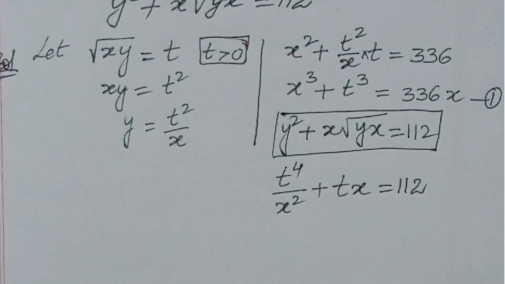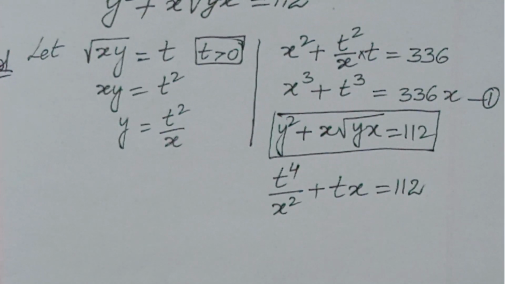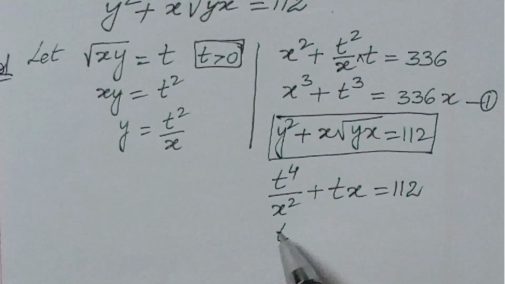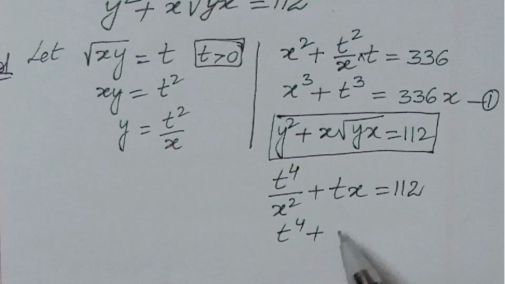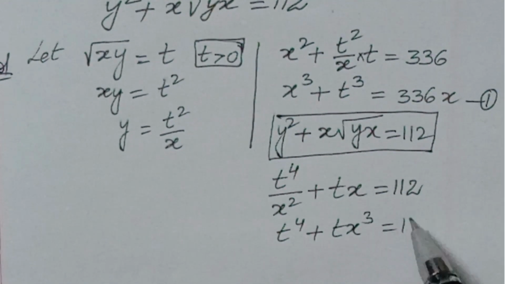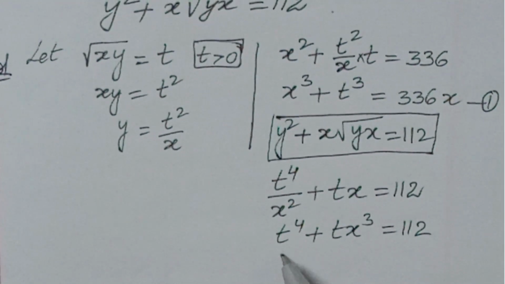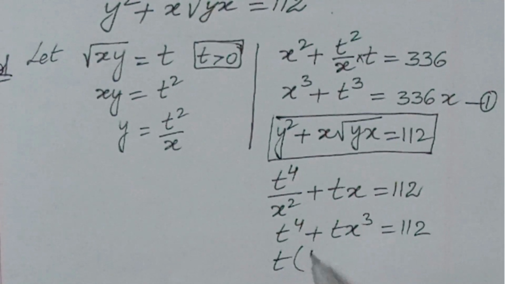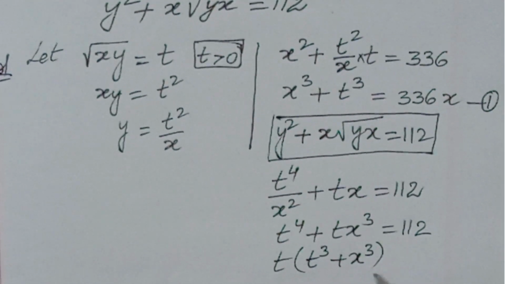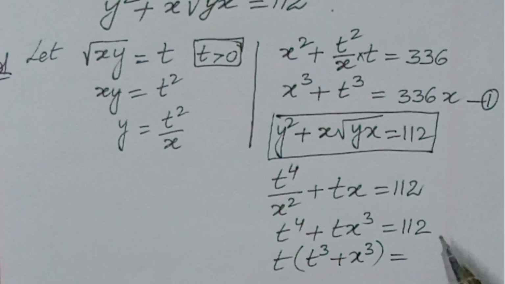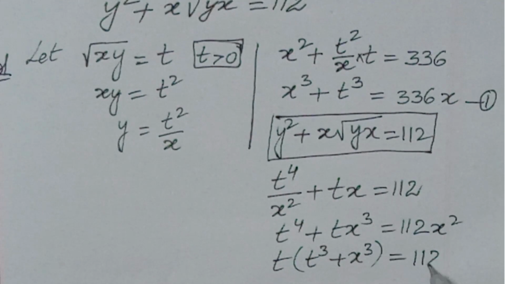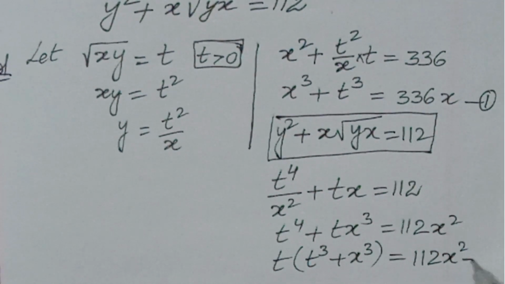So substituting the value of y, what will we get? t power 4 by x square plus tx equals 112. Taking t common, t times t cube plus x cube is equal to 112 x square. Let it be 2.